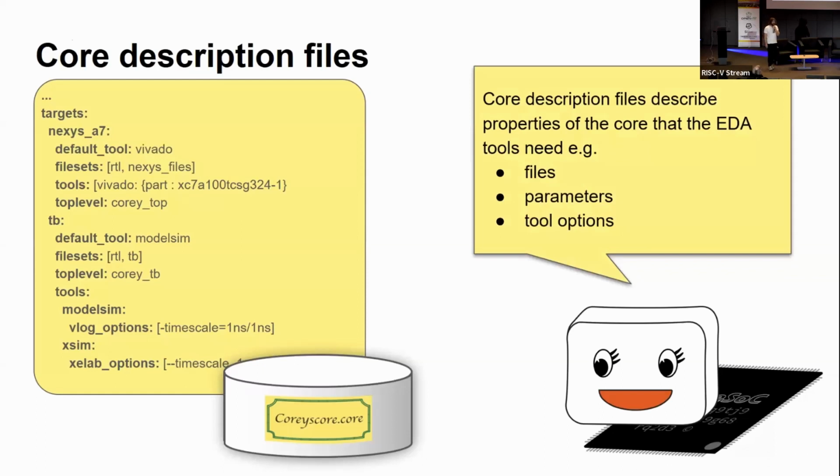So this is basically all you need to do to make a FuseSoC-compatible IP core. You need to add this core description file, which serves as a manifest of your design. It tells FuseSoC what files you have, what types of files they are, what configure parameters you have, and specific options for different tools that you might need to run through.